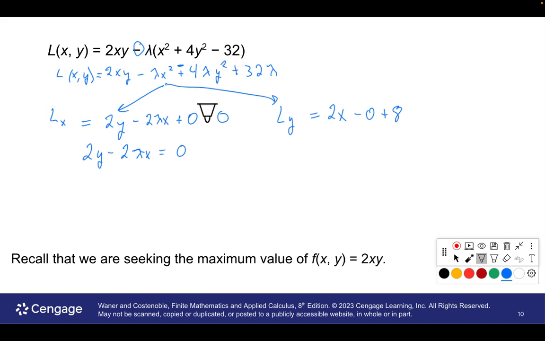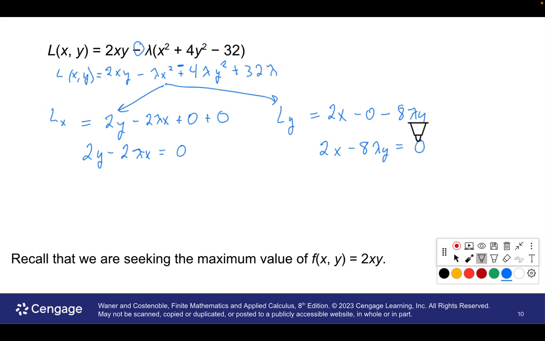So we get minus 8 lambda y, and the 32 is a constant. We set this equal to 0: 2x minus 8 lambda y equals 0.